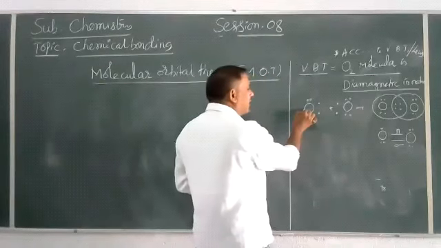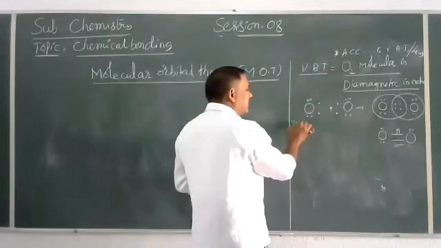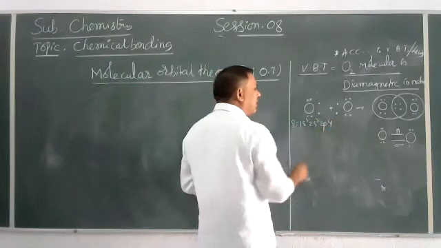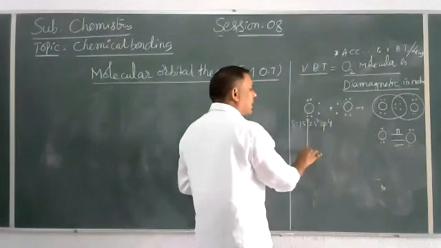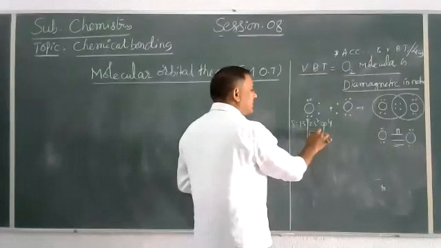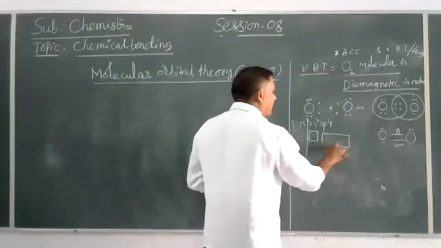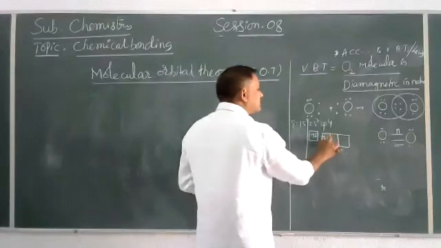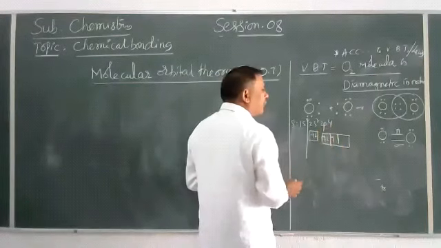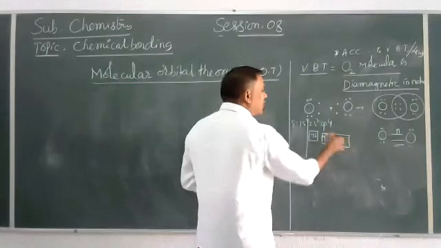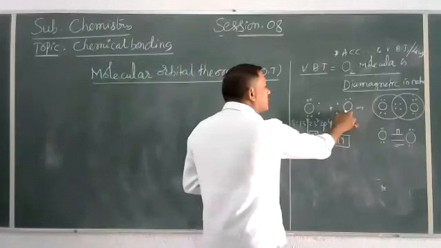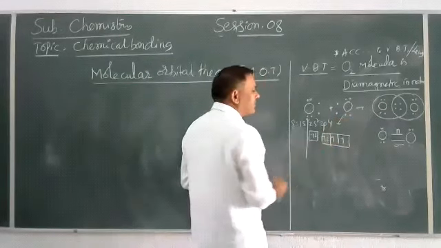According to its electronic configuration, 1s2, 2s2, 2p4, in the outermost orbit there are 2 electrons and 4 electrons. These two are paired. Out of the 4, 1 pair is paired and the remaining 2 are unpaired. Similarly, the other oxygen atom has the same.